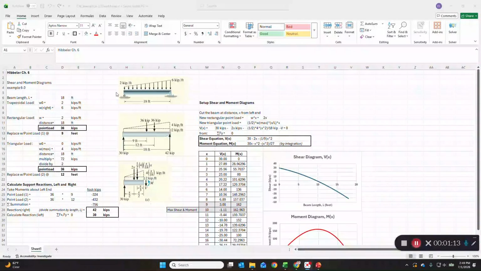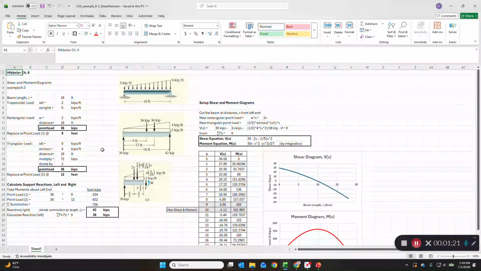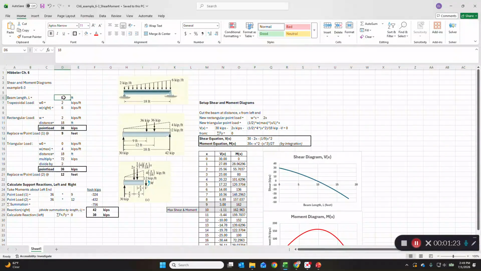So the first order of business for this is to determine the support reactions. In order to determine the support reactions, we need to do some simple mathematics, and we can enter the beam length here. The trapezoidal load begins at 2 and terminates at 6, so I've entered those here.